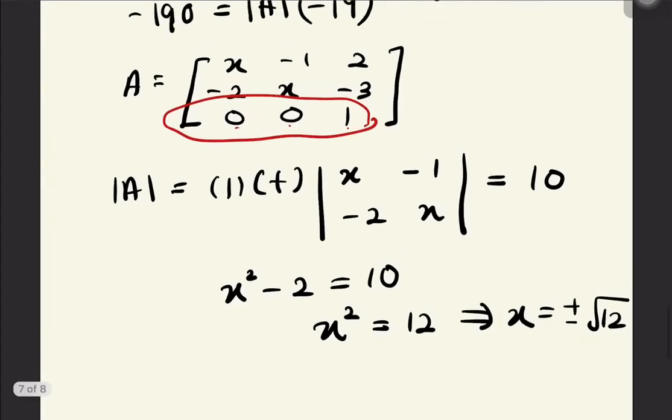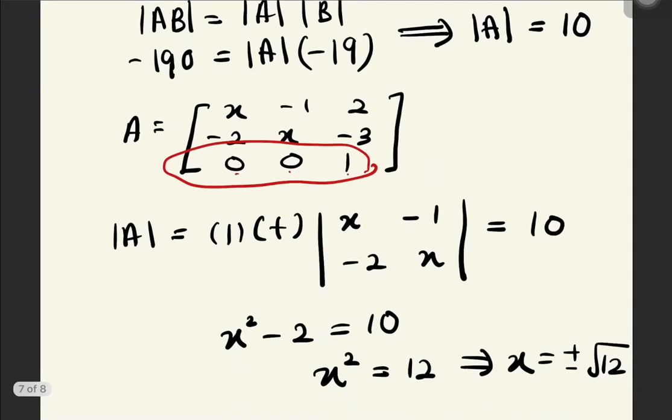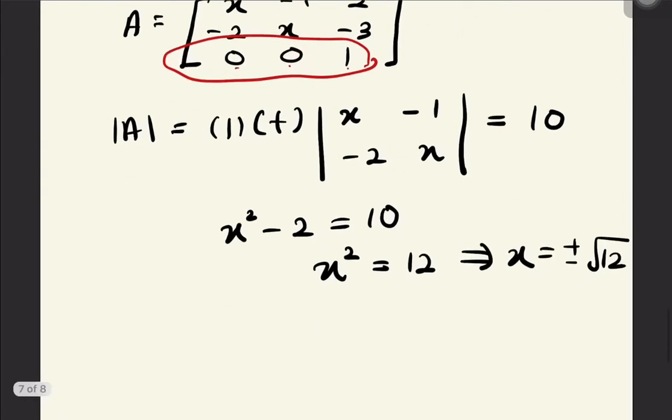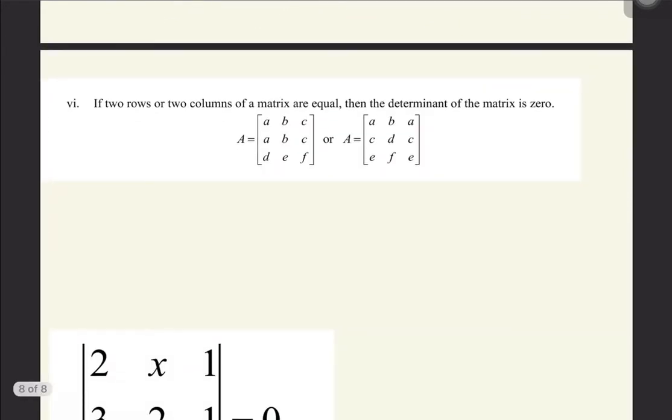Okay, so if you substitute x is equal to square root of 12 here and here, you will get the determinant is equal to 10. Or if you substitute x is equal to negative square root of 12, you also get 10. So the last property here: if two rows or two columns of a matrix are equal, then the determinant of the matrix is 0.